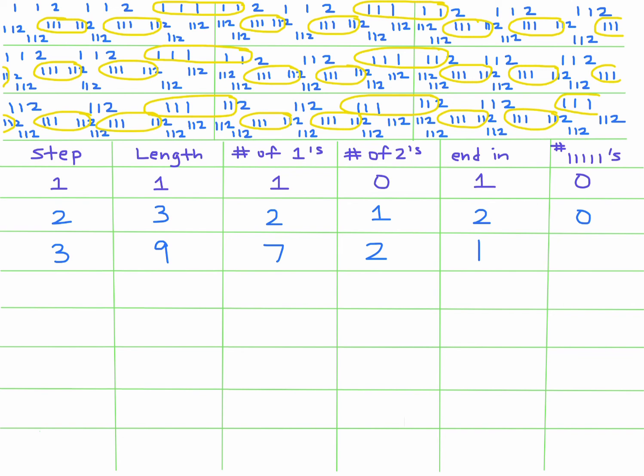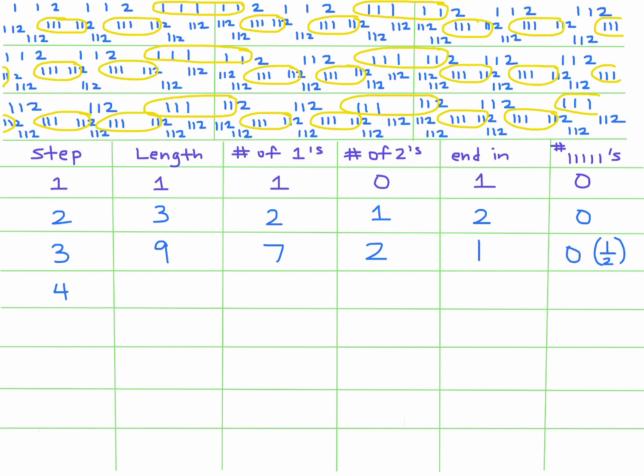Well, none. It starts off with 1, like part of it is there, but there's no full 5 1s in a row. So the answer is 0, but in brackets I'll put like a half just to show that a part of it is beginning.